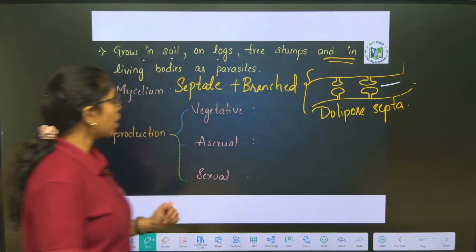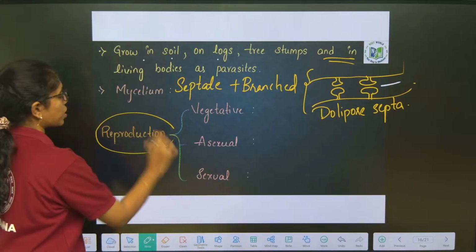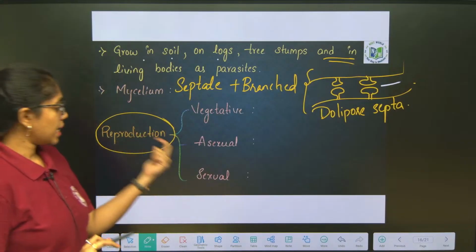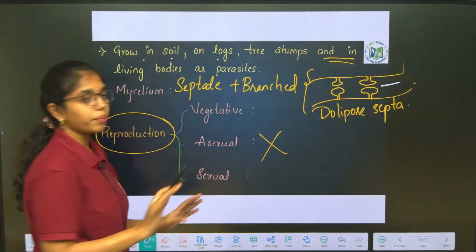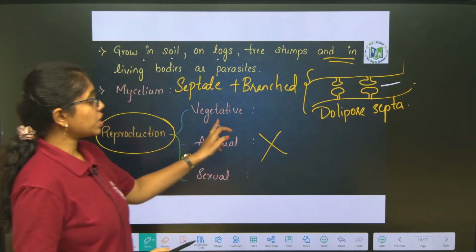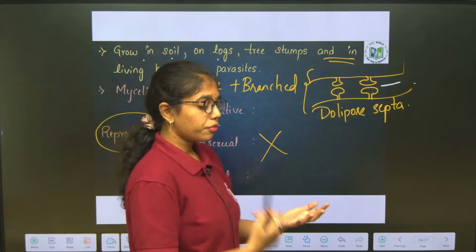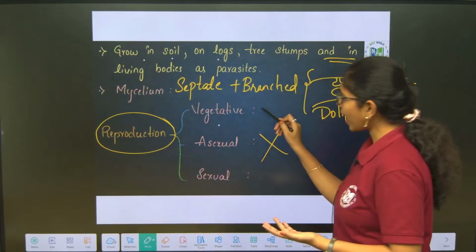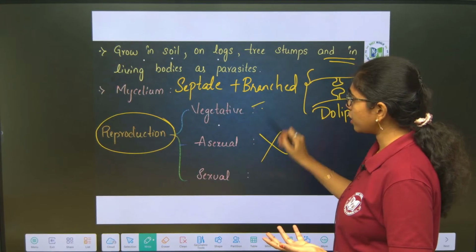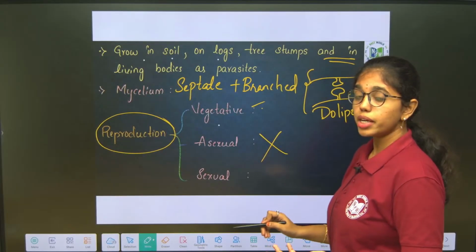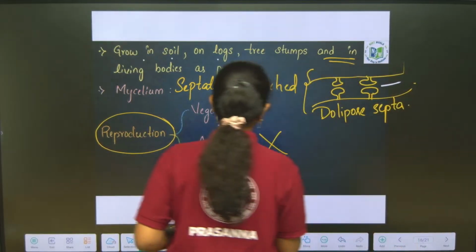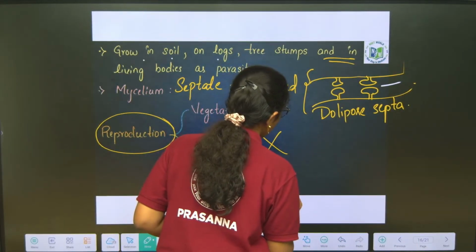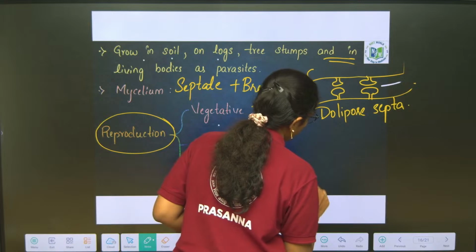Clear, right? Now, if you have to look into reproduction, we have vegetative, asexual and sexual reproduction. In Basidiomycetes, asexual reproduction is absent. Vegetative modes of reproduction are fragmentation, budding and fission. Sexual reproduction is only through basidiospores.